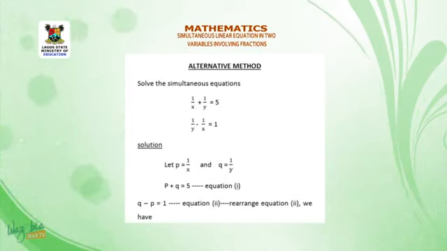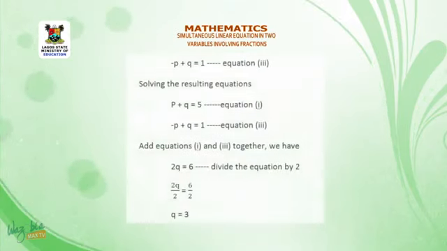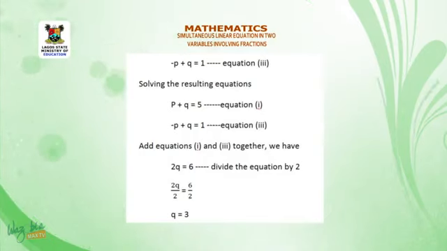Let P be equal to 1 over x and Q is equal to 1 over y. P plus Q is equal to 5, equation 1. Q minus P is equal to 1, equation 2. Rearrange equation 2. We have minus P plus Q is equal to 1, equation 3.